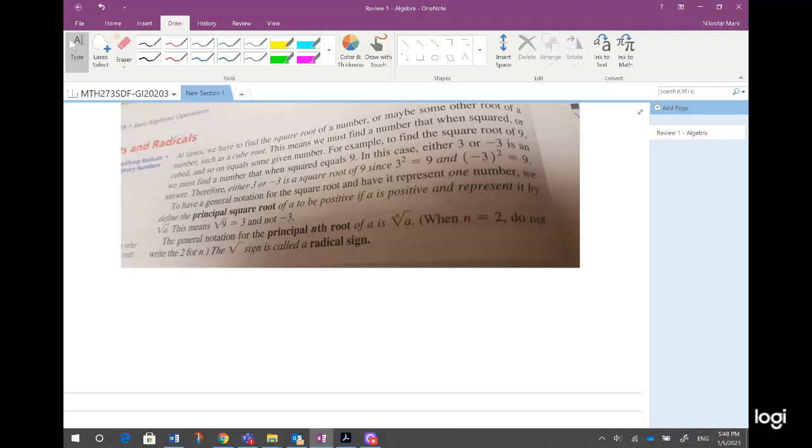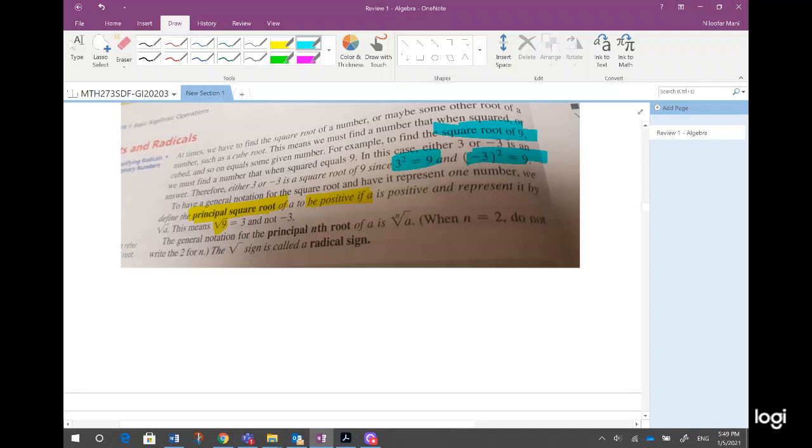It says the principal square root, which is the radical, is defined to be positive. So if I say what is the square root of 9, you can say plus minus 3, because 3 squared is 9 and minus 3 squared is 9 as well.